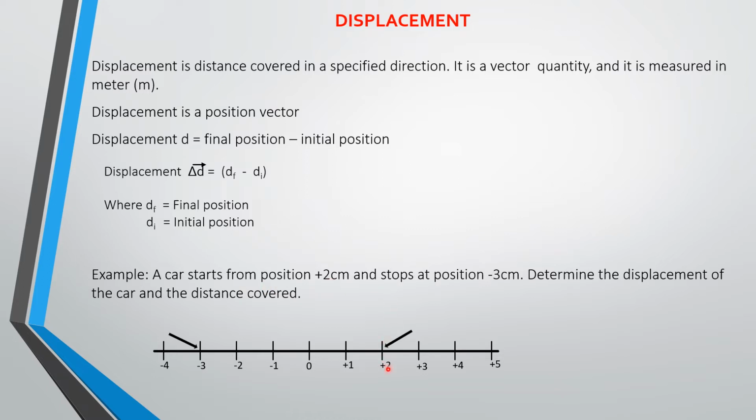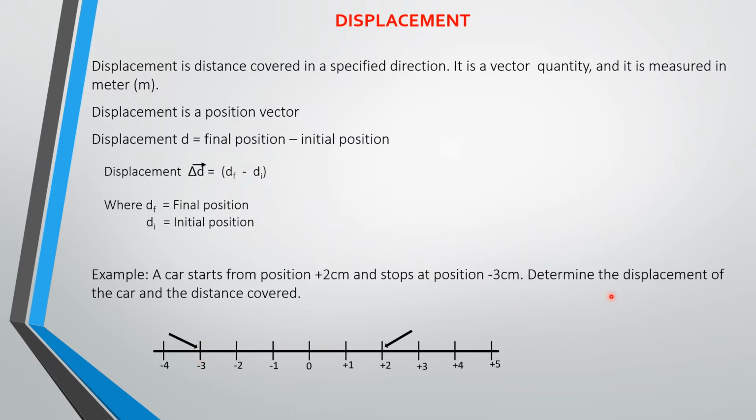This is the drawing. This is plus 2 centimeters, and it stops at point minus 3 centimeters. If this is the reference point, it means that the car started from this positive side and moved to this negative side. So this is the initial starting point of the car, and this is the final stop point of the car.